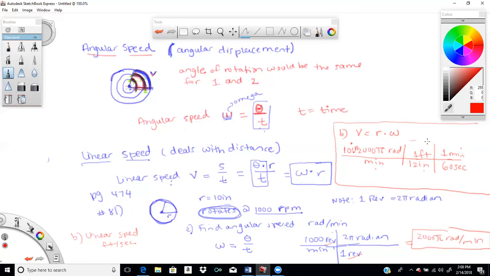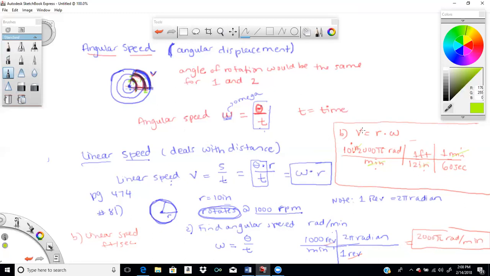All right, so let's look and see what we have so far. We can cancel out the inches. We can cancel out the minutes. And that leaves us with feet per second. So let's do the multiplication at the top.